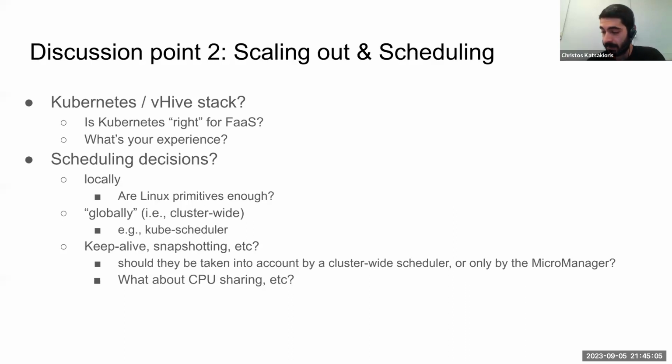So vHive has chosen Kubernetes, and now you have experience with Kubernetes in serverless and with related overheads. Is it something that you're thinking to change or to improve? What's your opinion on Kubernetes for function as a service now that you've experienced it?